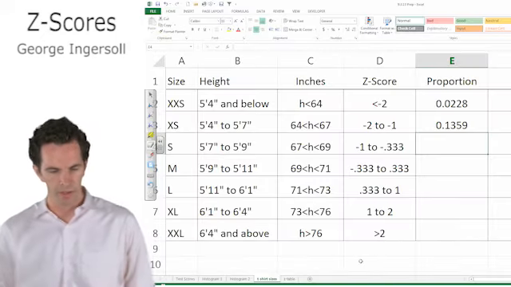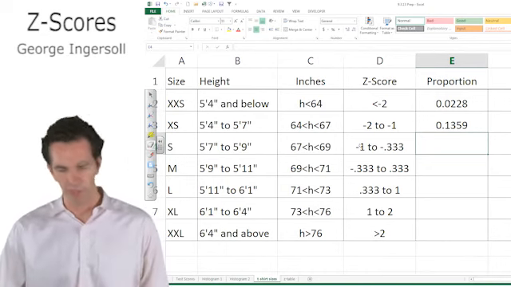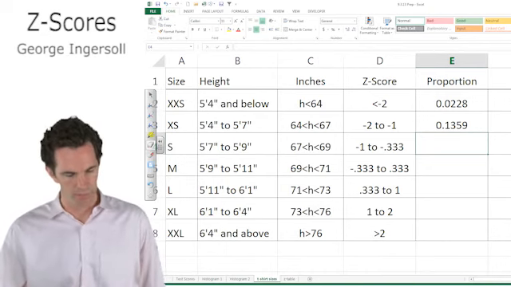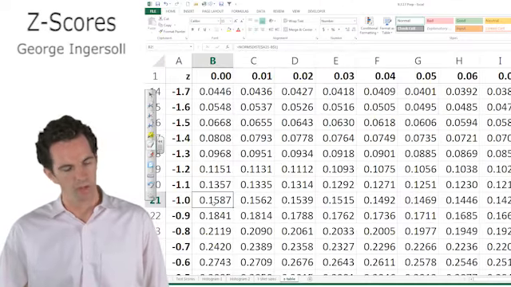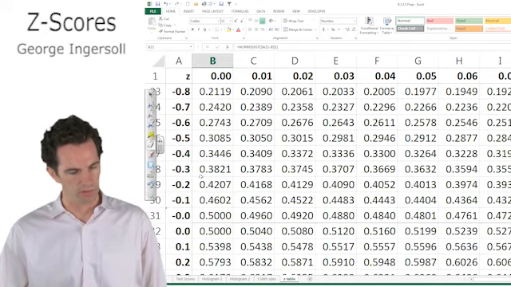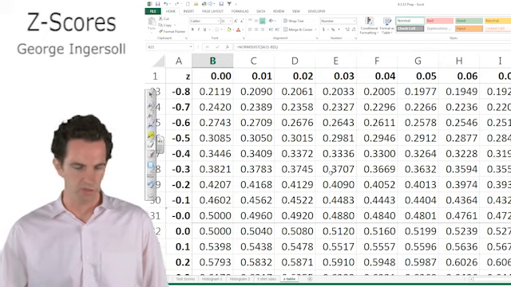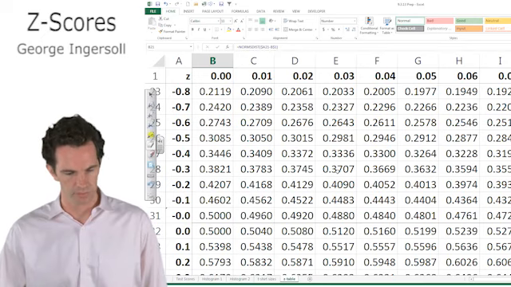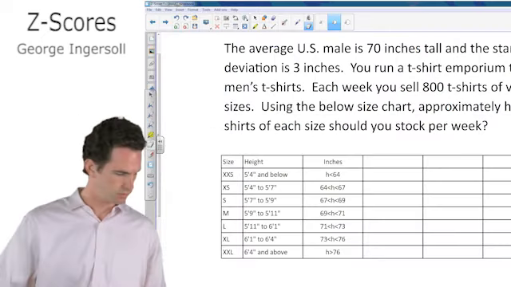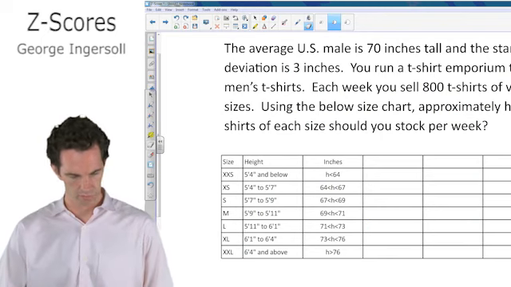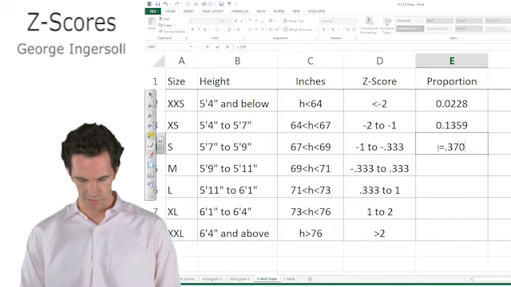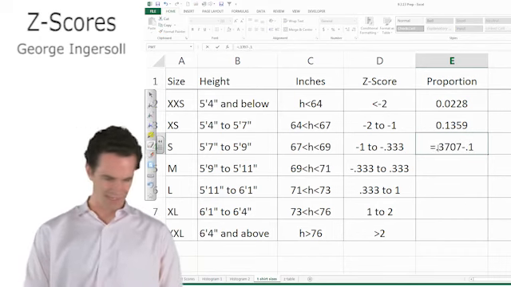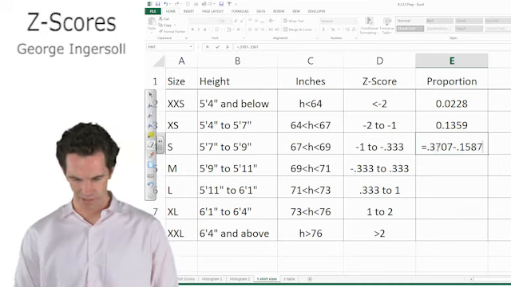All right, you get the idea. So here we start off at -1 and we go up to -0.333. -1 was 0.1587, and -0.333, we're only going to get to 0.33, but that's fine, is 0.3707. So 0.3707 minus 0.1587.